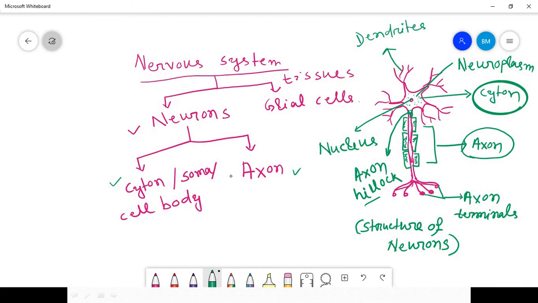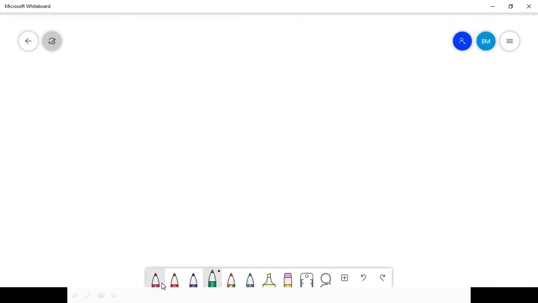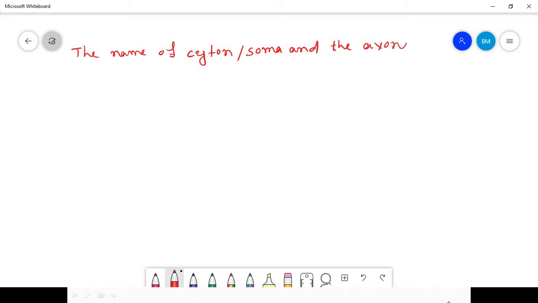I'm going to add a new whiteboard. The name of the cyton or soma and the axons present differs based on the location.